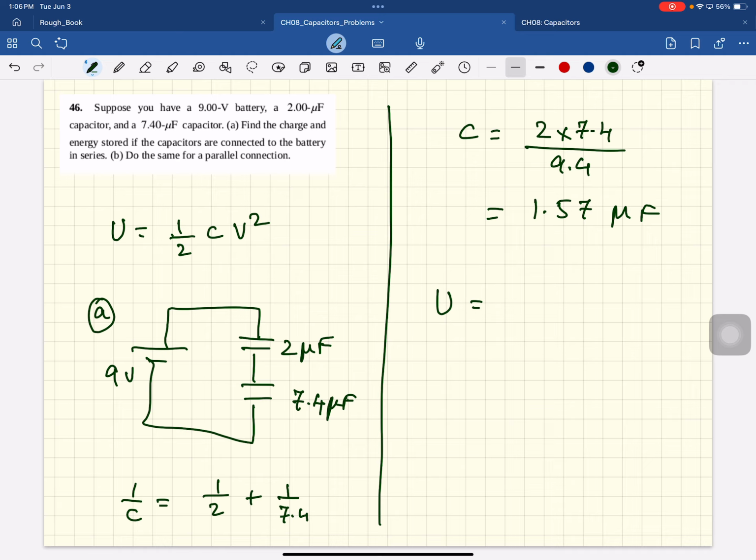So the energy stored is 1/2 times 1.57 microfarad times 9 volts squared. Farad times volt squared is joules, and we'll keep the micro there.